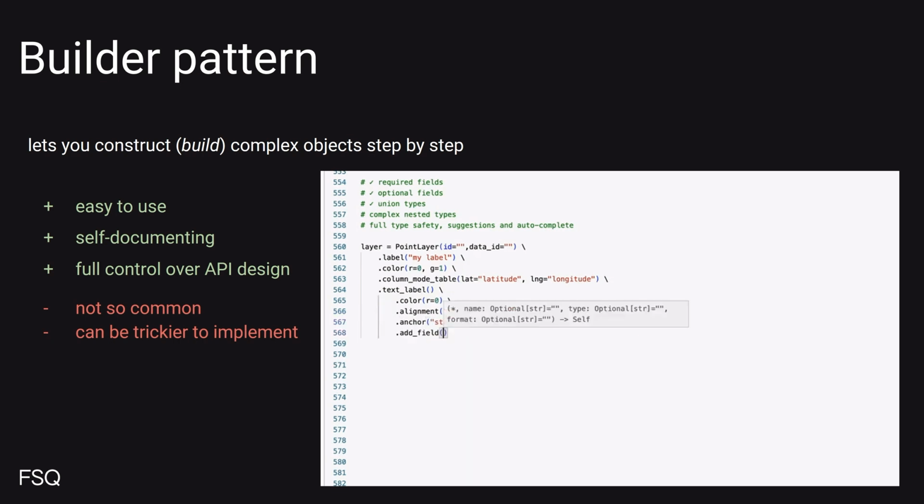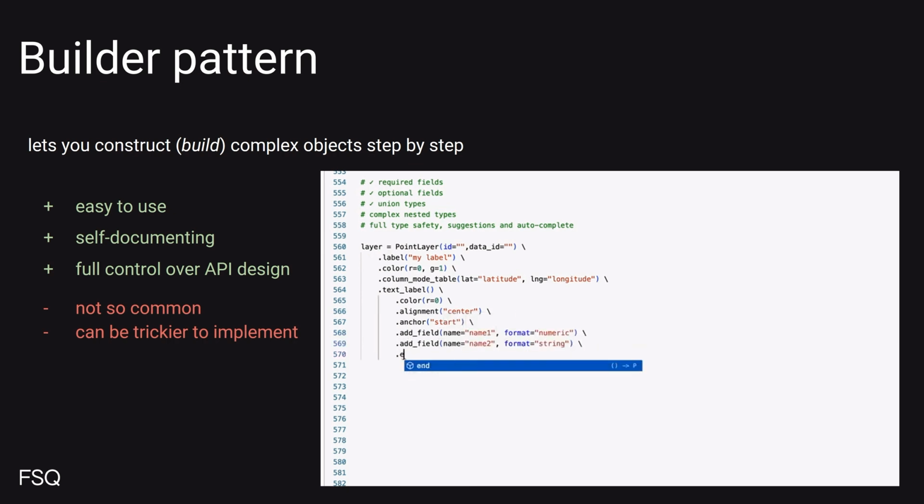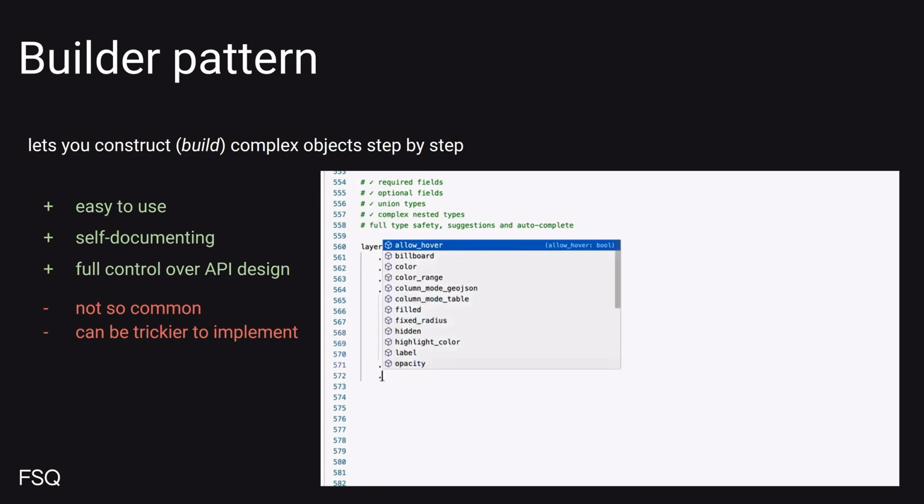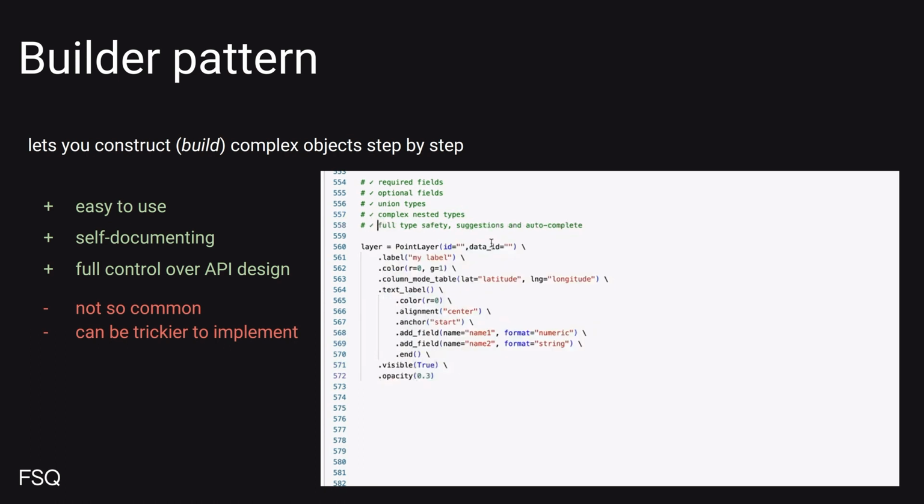There is no way to go wrong about it, again, depending on the implementation details, but it guides you, and because of it, you have full control of the API, and it is self-documenting. You don't have to guess if something is possible. If it's provided as an API and as an autocomplete, which is thankfully supported in all of the environments at this level of implementation, then what you write is what you get, and it's correct. Like you won't be able to make a mistake.